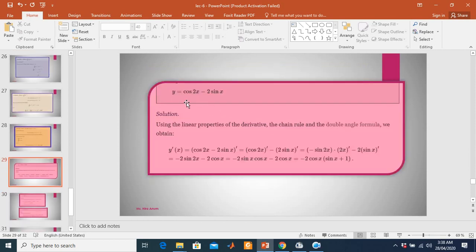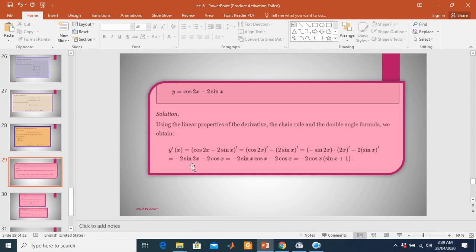Now we have an example, y equals cos 2x minus 2 sin x. Taking the derivative of this function, it becomes derivative of cos 2x, which is minus sin 2x, then the derivative of 2x, which is 2, minus 2 times the derivative of sin x, which is cos x. So it becomes minus 2 sin 2x minus 2 cos x.